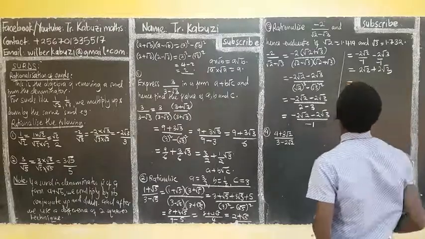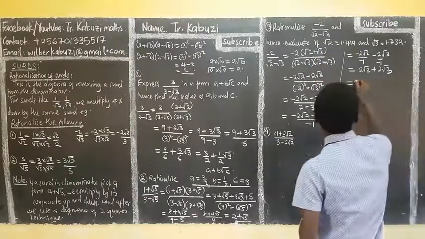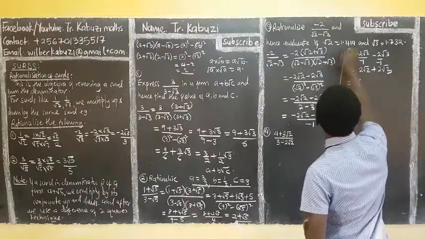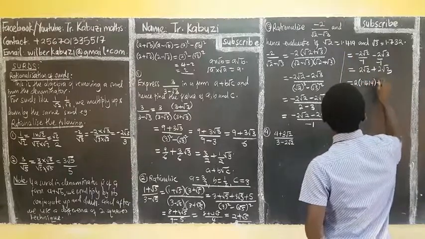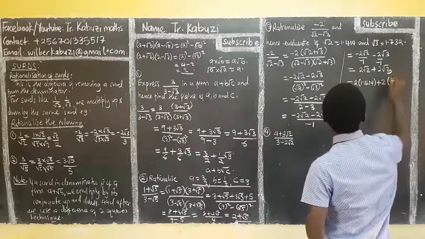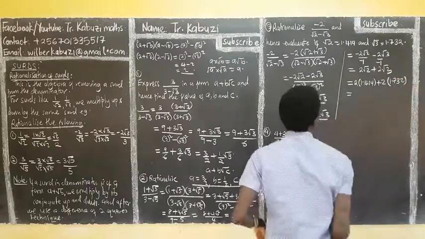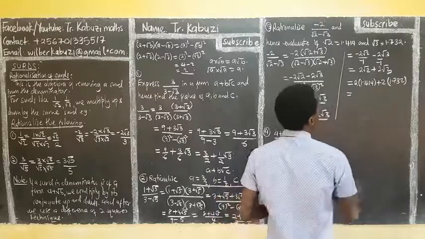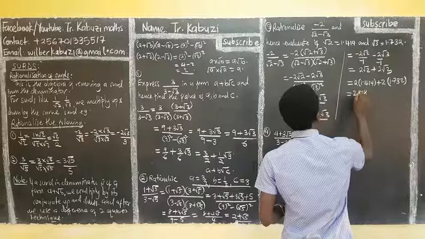And then from there, they are giving us what root 2 is. So root 2 is 1.414. Then plus 2 root 3, where root 3 is 1.732. And after that, you just get your calculator and you press. This will be 8.2.